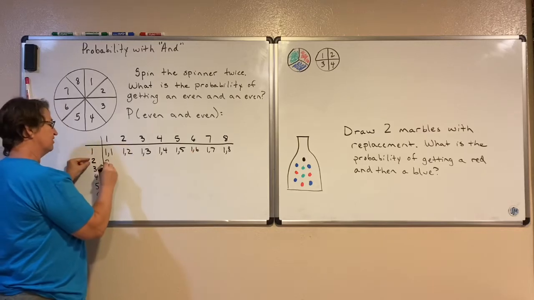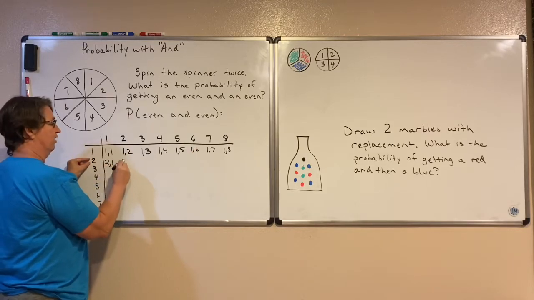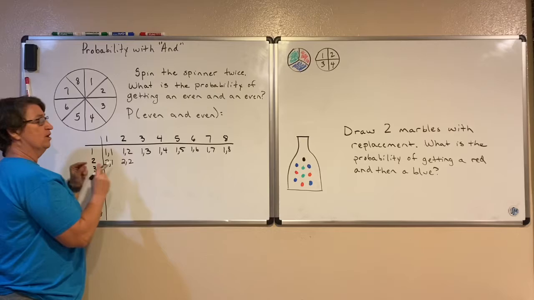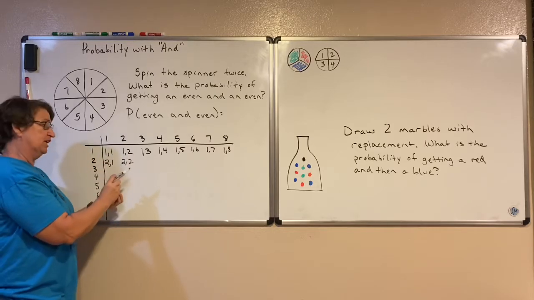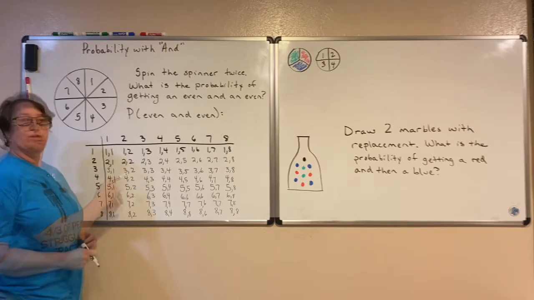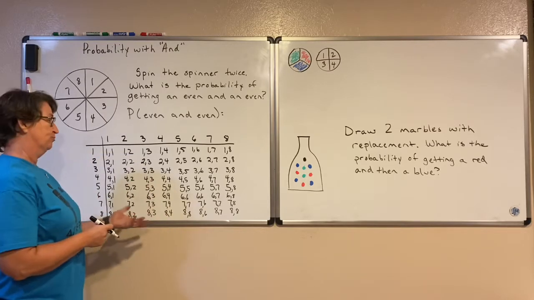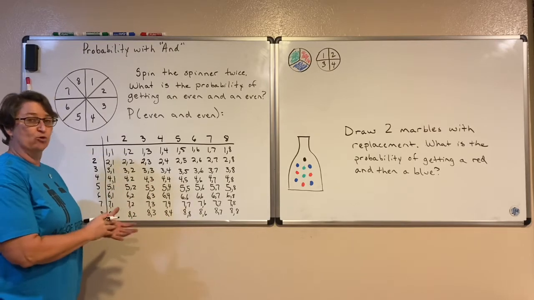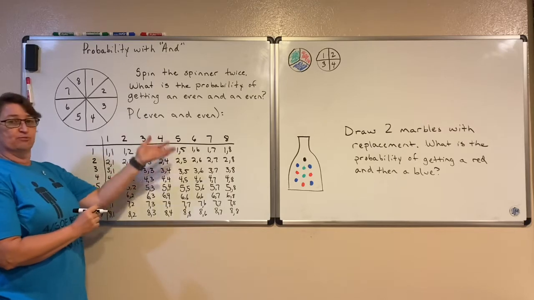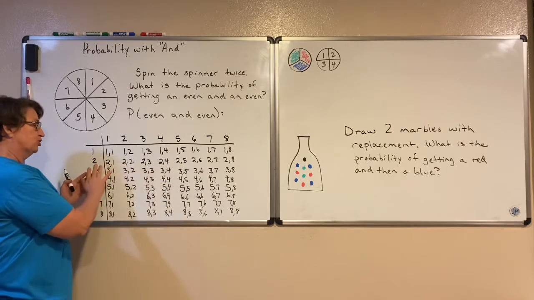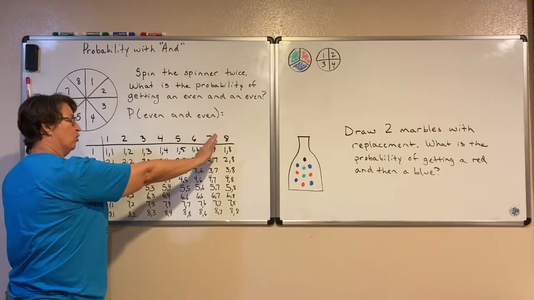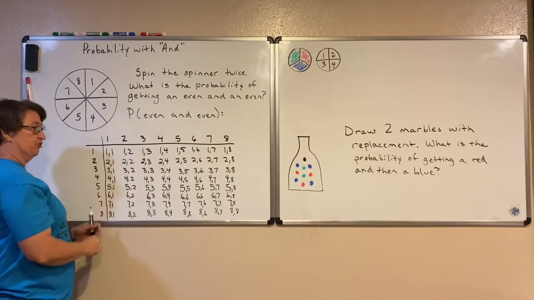Then I can do the same for spinning a 2 on the first spinner. So I'm going to finish filling in our symmetric sample space. Now I have the entire symmetric sample space, all the possible outcomes for spinning this spinner twice, where I could spin 1 through 8 on one spinner and 1 through 8 on the other spinner.